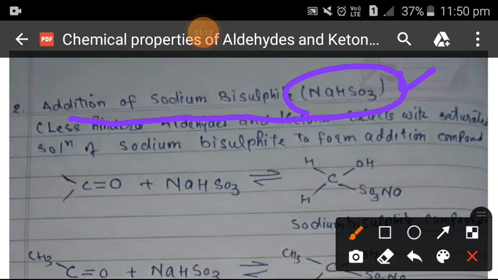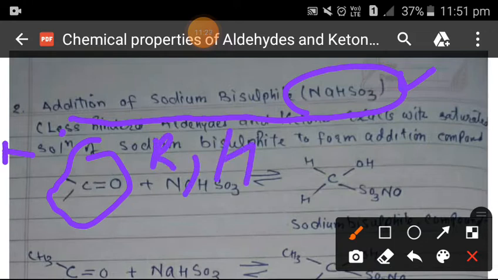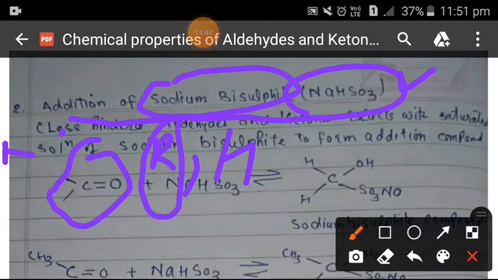You must remember here that the carbonyl group may have any alkyl group attached, or it may have a hydrogen. But in the case of addition of sodium bisulfite, only those aldehydes or ketones undergo the addition reaction which have a less hindered carbon site, that is, which do not have bulky groups.